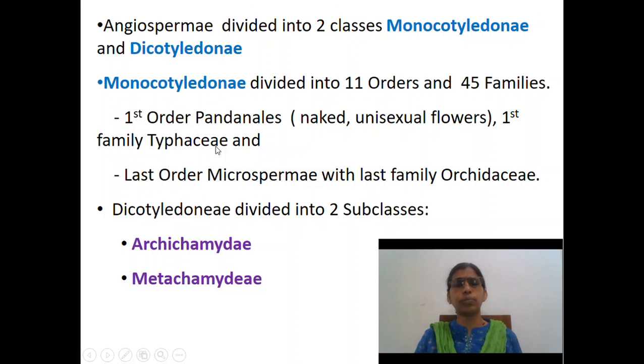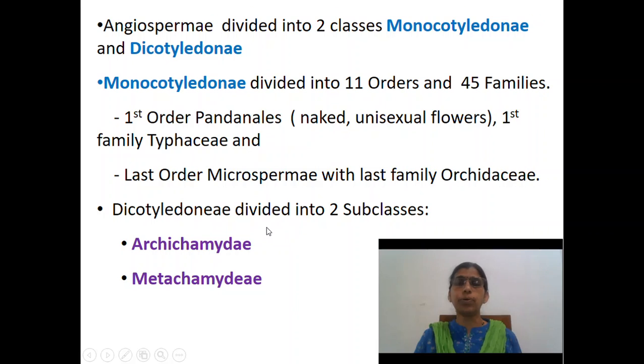The first order Pandanales bears naked unisexual flowers, which include the first family Typhaceae, and the last order Microspermae with the last family Orchidaceae. They considered Orchidaceae as a highly evolved family. Palmae was elevated into an order.